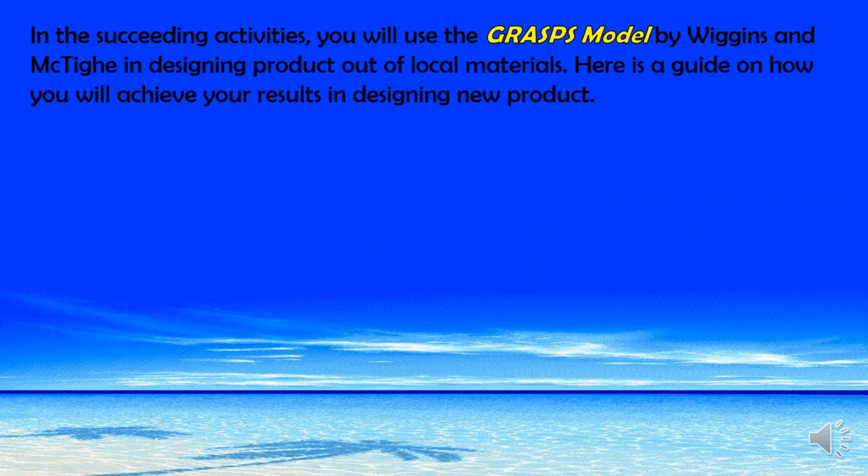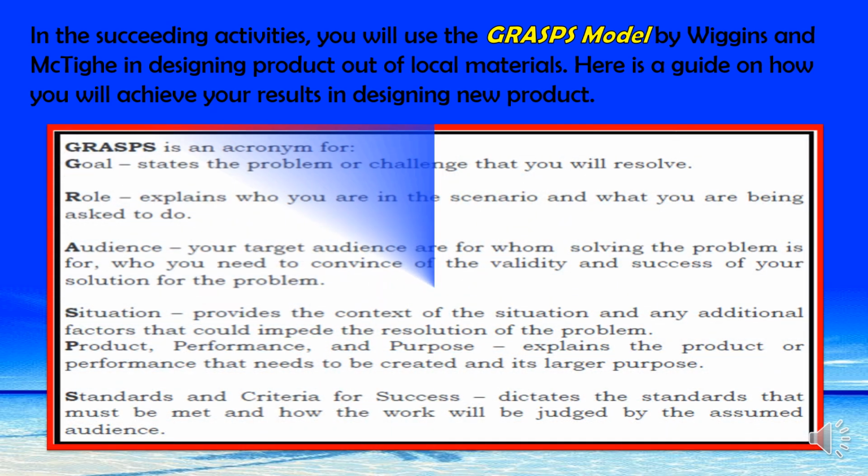In the succeeding activities, you will use the GRASP model by Wiggins and McTighe in designing products out of local materials. Here is a guide on how you will achieve your results in designing a new product. So GRASP is an acronym for G for goal, which states the problem or challenge that you will resolve.